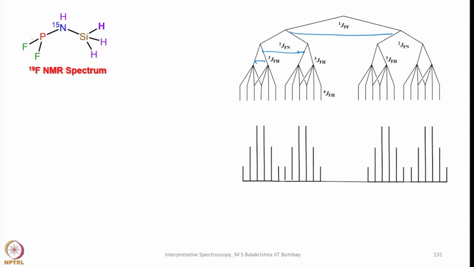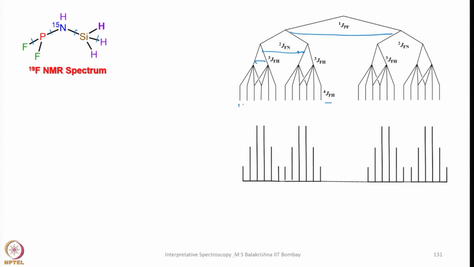Now, we have to look into the 4 bond coupling here, which would split each line into a quartet. Because the magnitude of this FH coupling is much smaller, the first 2 lines of the second signal and the last 2 lines will merge. As a result, the intensity goes up, and the same thing happens in all the 4 signals. You can see they merge a little bit because of closer spacings and very marginal difference in their chemical shifts.